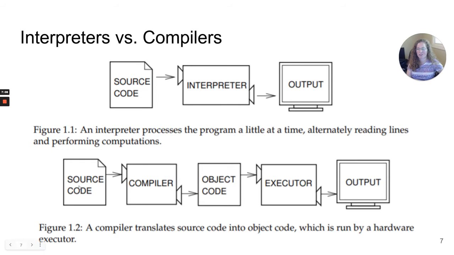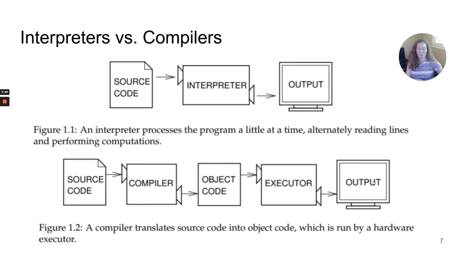So it converts from the high-level language to a bunch of ones and zeros that's specific for whatever processor that you're compiling for. Once that object code is created, you can feed that bunch of ones and zeros into something called an executor, and it feeds it to the hardware, makes sure that the processor runs it, and the executor produces the output.